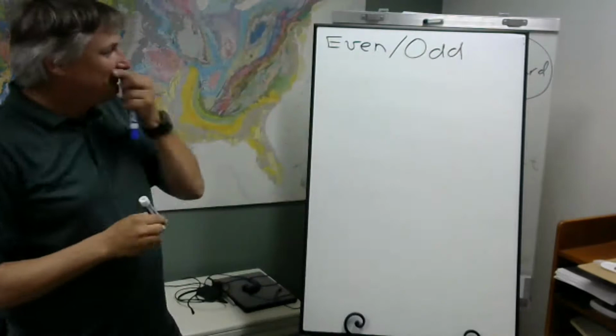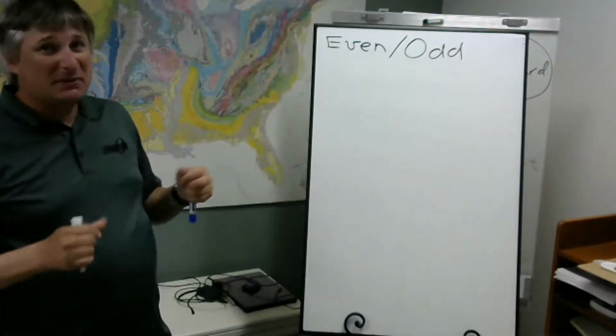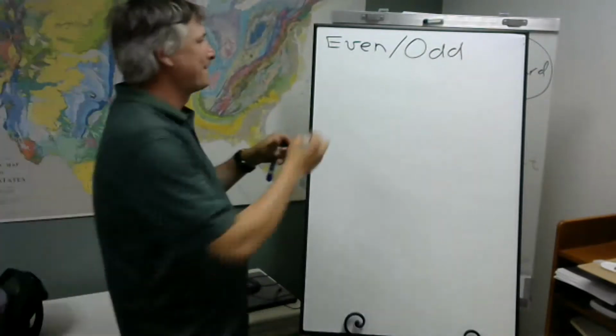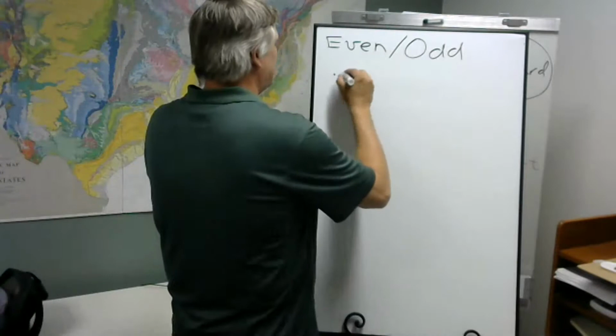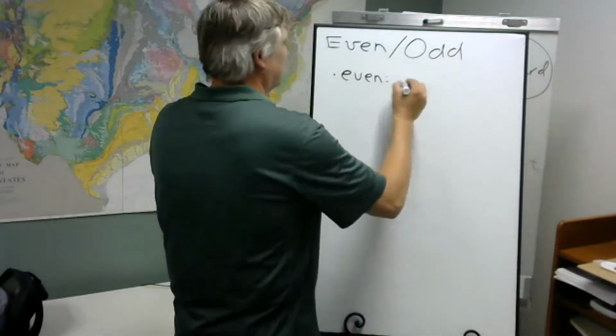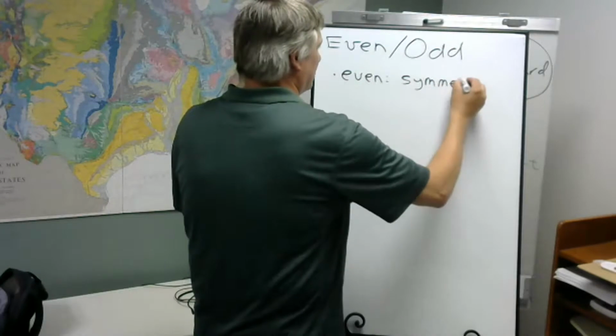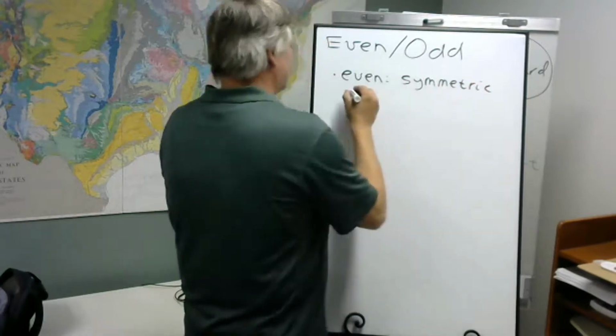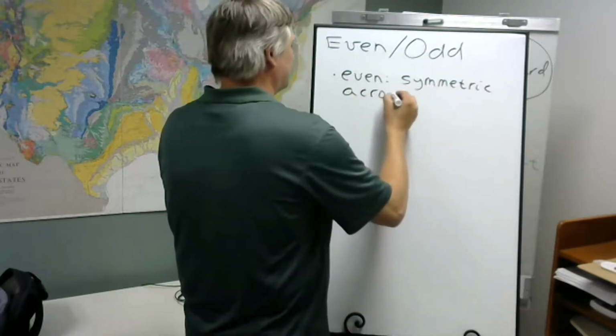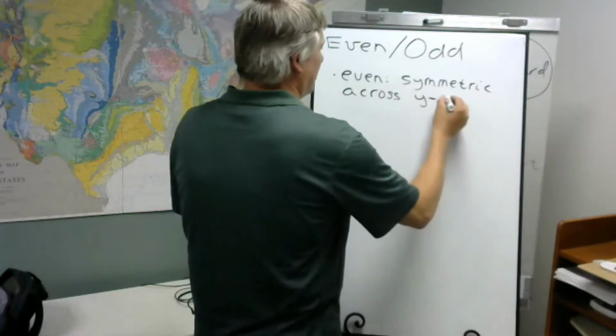Basically, an even function is symmetric across the y-axis.